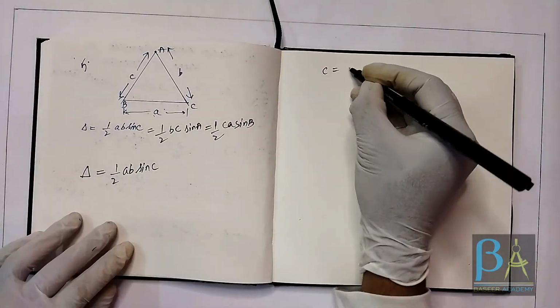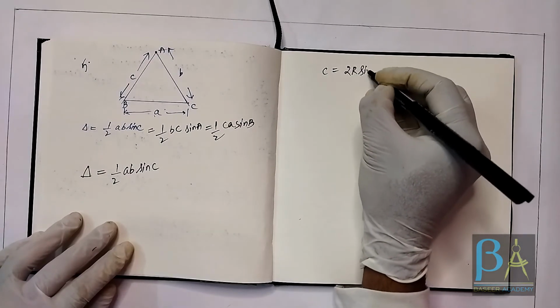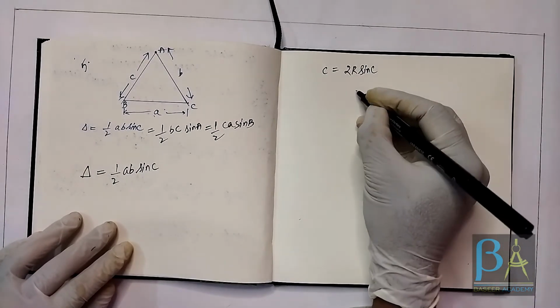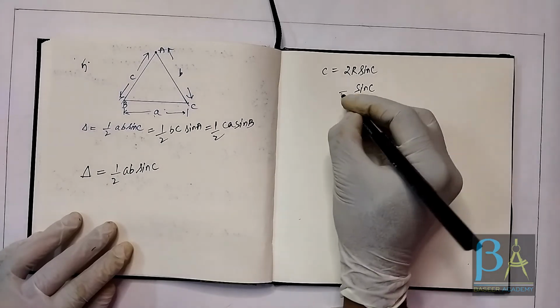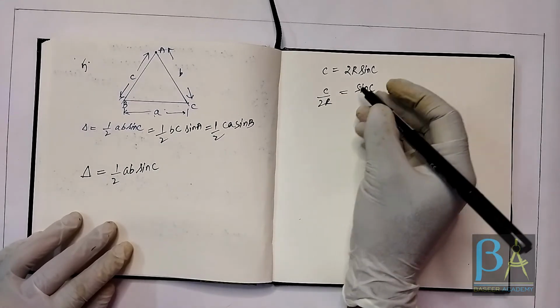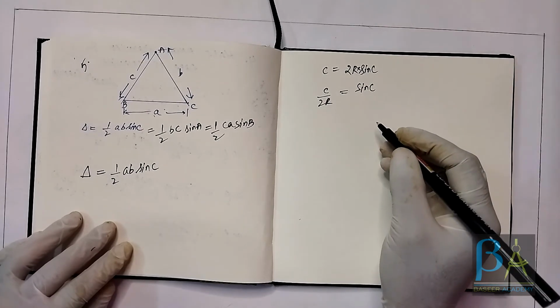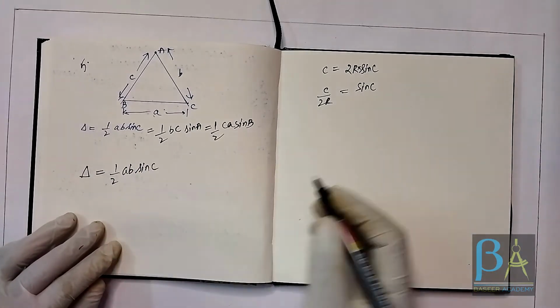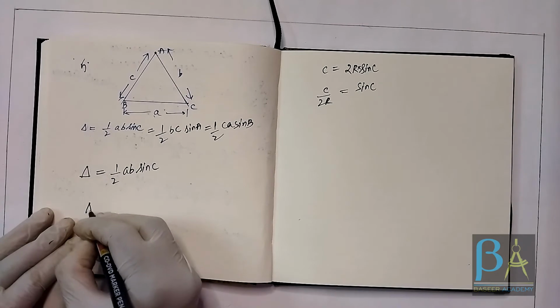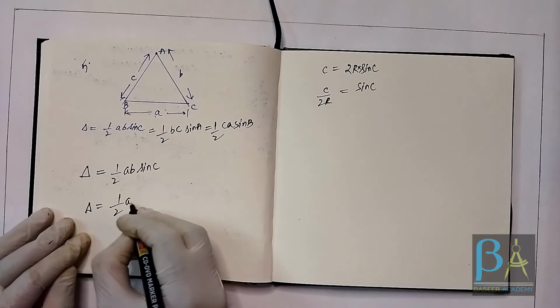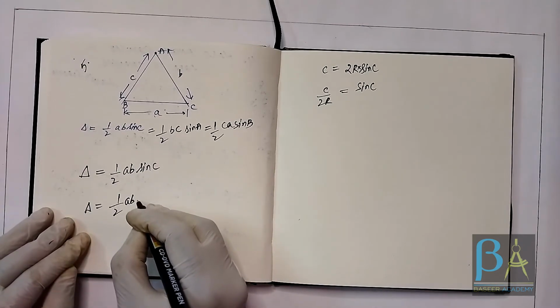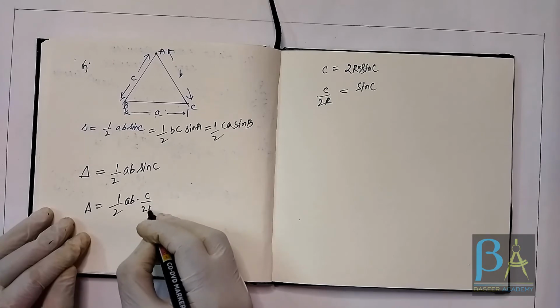So sine C is going to be c by 2R, isn't it? 2R is multiplying on the right hand side, so obviously 2R is going to divide on the left hand side. Now in place of sine C, I'm going to write c by 2R.